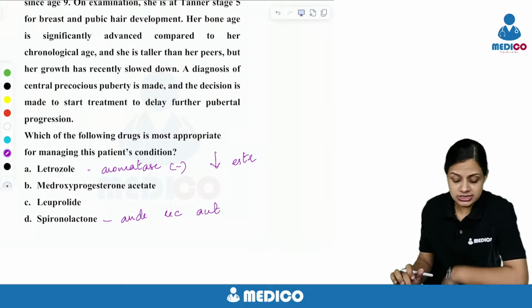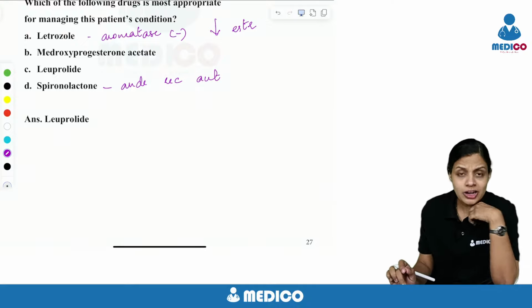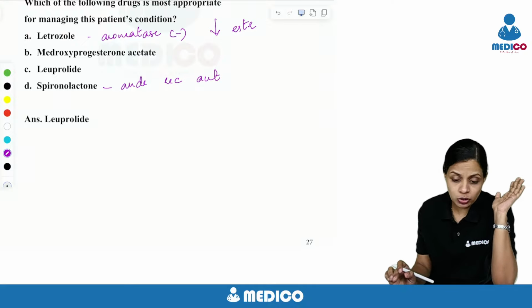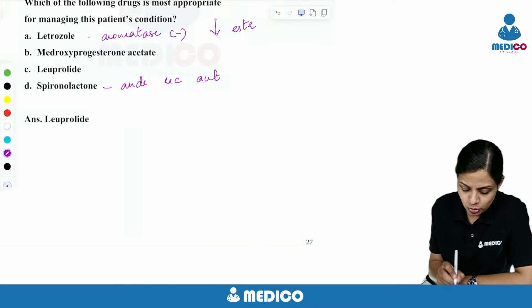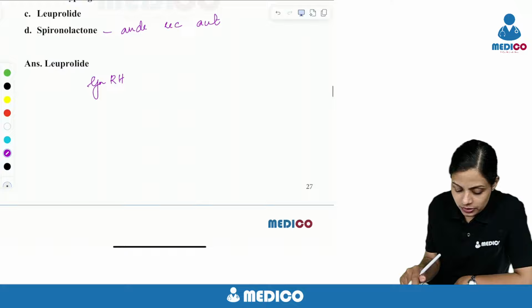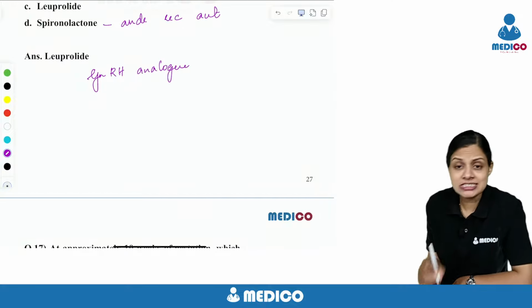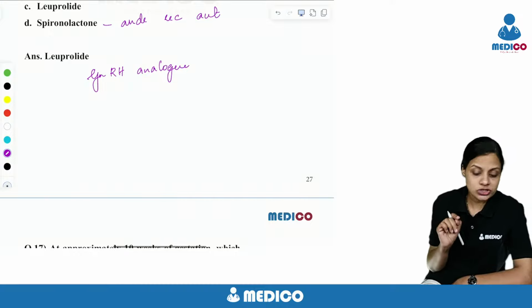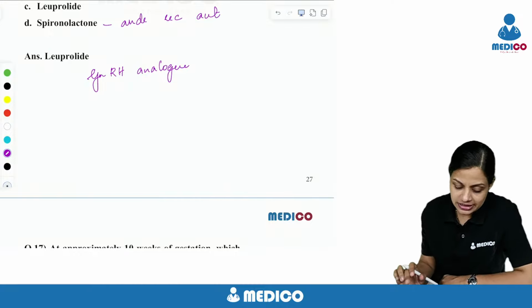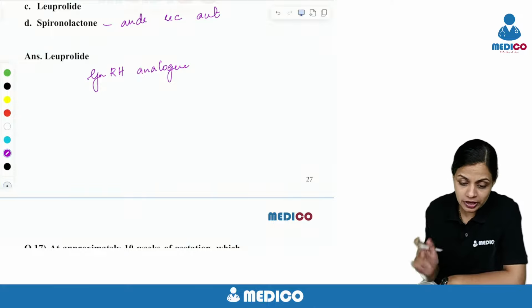We come to your answer. Your answer is leuprolide. What is leuprolide? Leuprolide is used for the treatment of central precocious puberty. Continuous leuprolide. Leuprolide is a GnRH analog. When we had discussed puberty, we said that it is a pulsatile secretion of GnRH that causes puberty. But in this case, you are giving GnRH analogs continuously. That is, leuprolide is given.